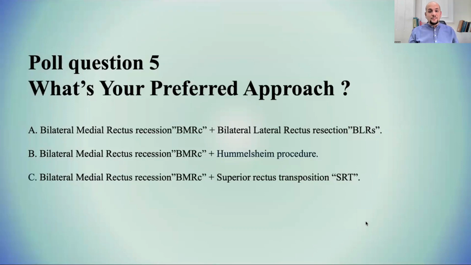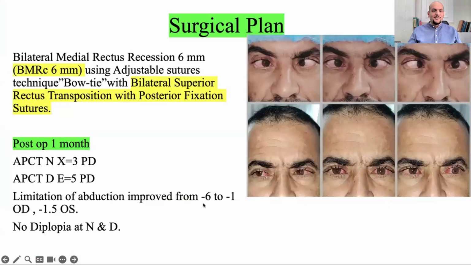Even with very large resections, you might not get proper results. So the results: 33% first option, 34% second option, and 33% third option. So I got equal results in the three options.